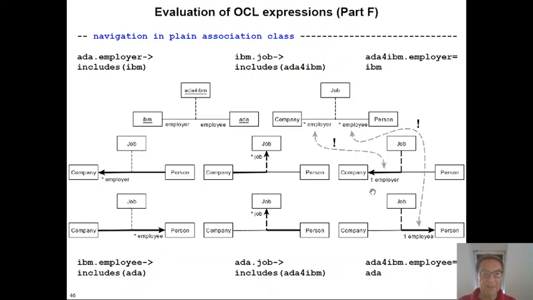This multiplicity is never written down in the class diagram. I have just used it here to make clear that when you navigate from the job to the company or to person, you get one object here and not a collection of objects.